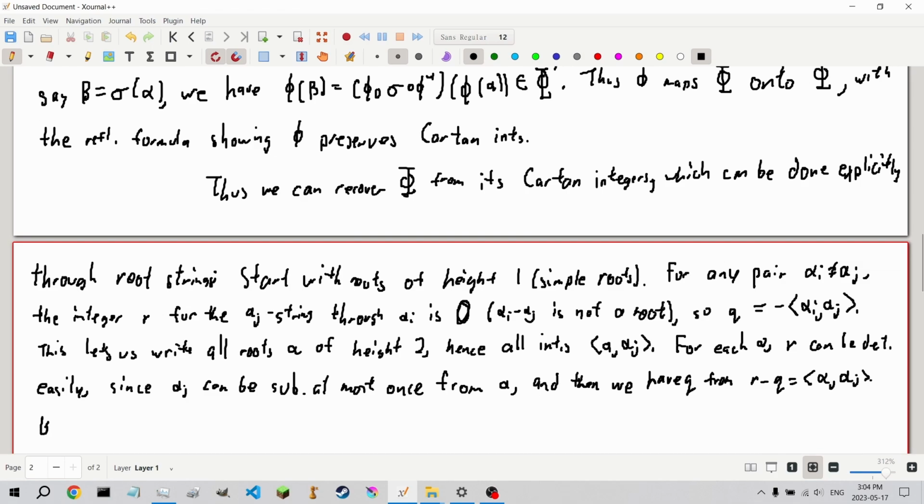By the previous corollary, I believe, of the first lemma from the last video, we can get all positive roots this way.